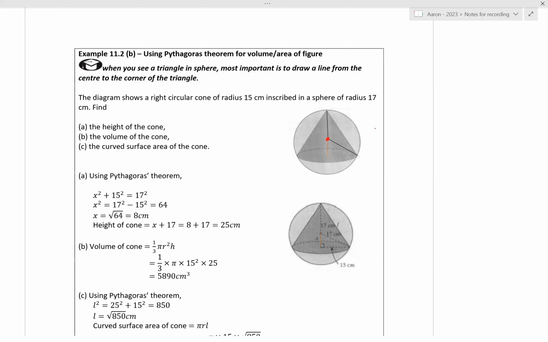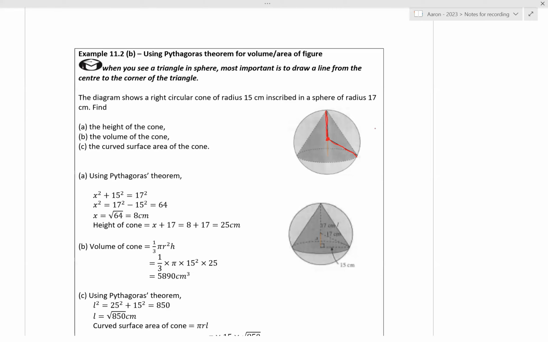Because this is a 2D diagram, this is your center of a circle, which means this length itself, I can take it to be the radius of your sphere. Next, this is also the radius of your sphere.